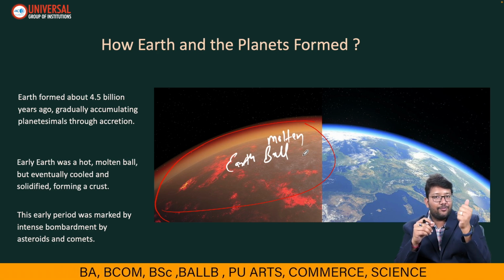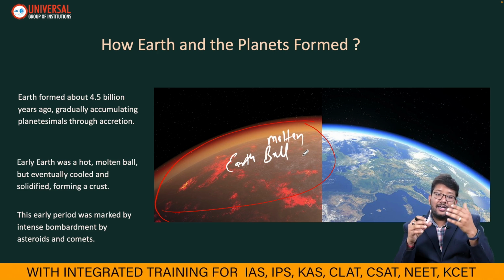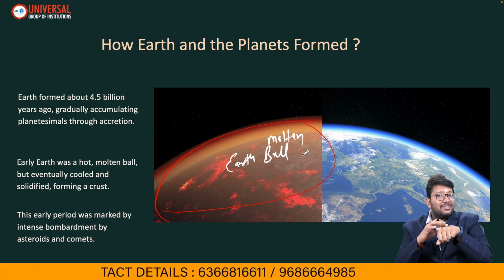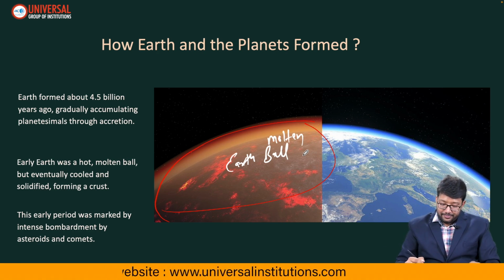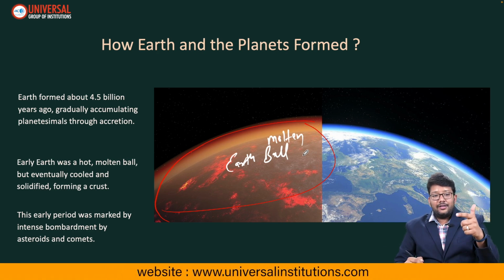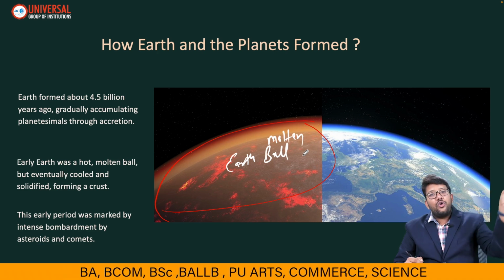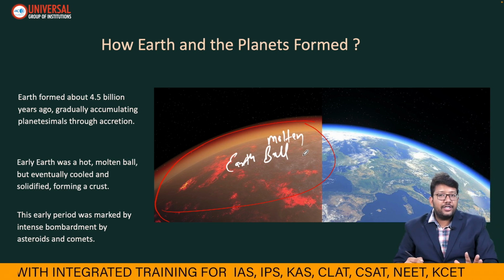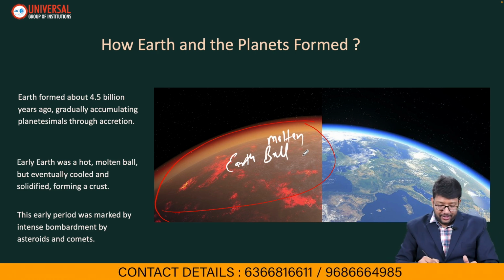When our hands are warm, you don't need anything, but if hands are cool, cracks appear on our skin. Same thing happened with the Earth. This Earth was formed due to the nebula, and there was also a lot of bombardment of asteroids on the Earth's surface, because of which we were getting a lot of temperature.